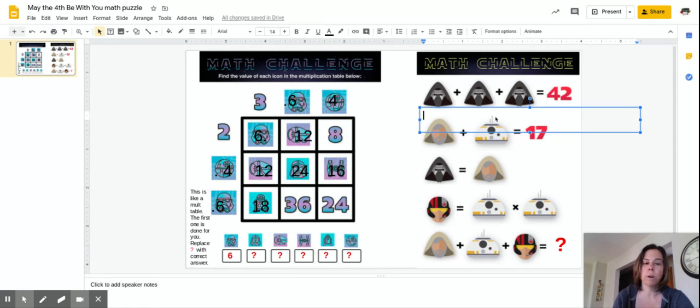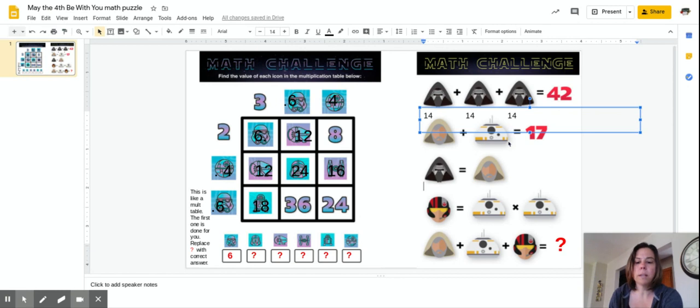So 3 times 4 would get me to 12. And so the 10 and the 4, 14, 3 times would be 42. I can break that apart because figuring out 3 times what would give me 42 is a little bit tougher.